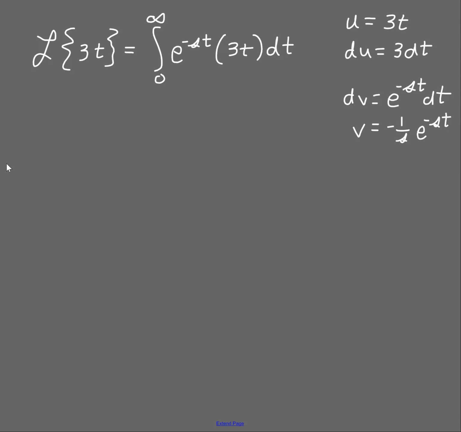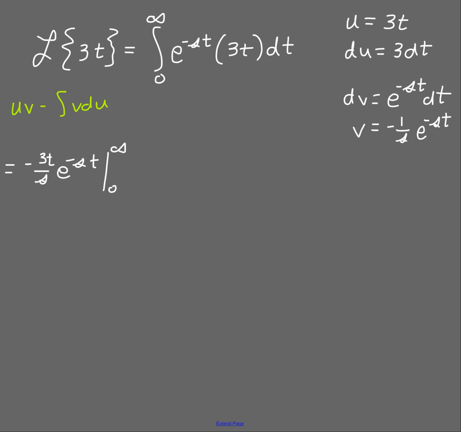And we're going to use our integration by parts formula. So it's uv minus the integral of v du. So uv will be negative 3t over s e to the negative st, and we need to evaluate this part from 0 to infinity as well.